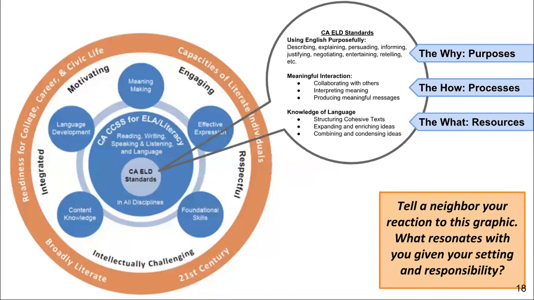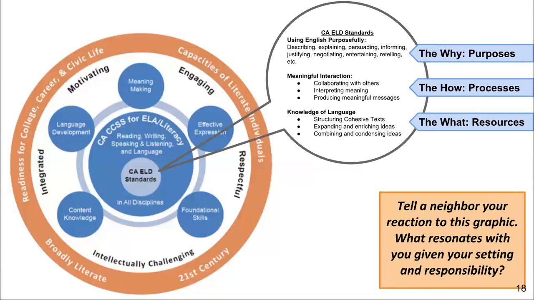And these really go together and focus toward readiness for college and career and civic life. And these are to focus back out to that outside circle, capacities of literate individuals, 21st century skills, students who are broadly literate and ready for career, college, and civic life.